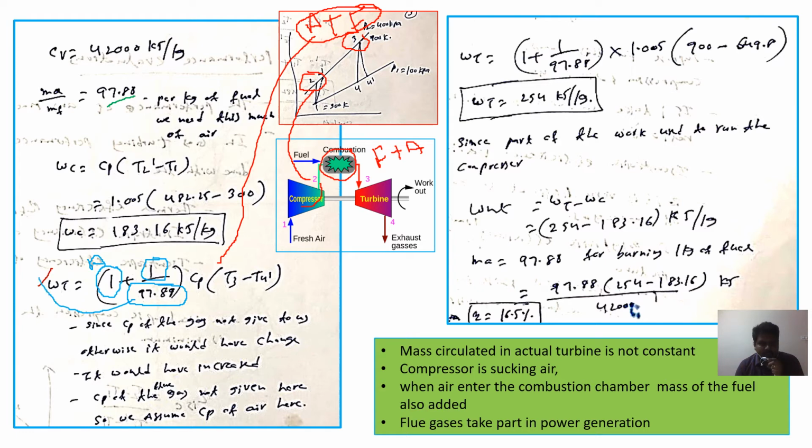So this we already calculated here, which means for 1 kg of the air we need 1 by 97.89 fuel, into Cp into (T3 minus T4 dash).